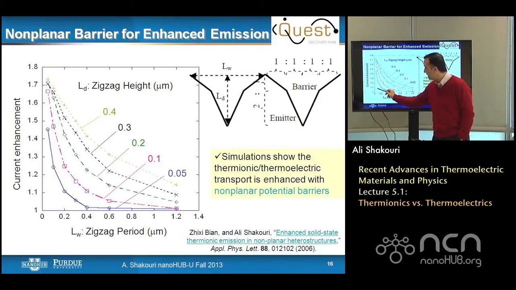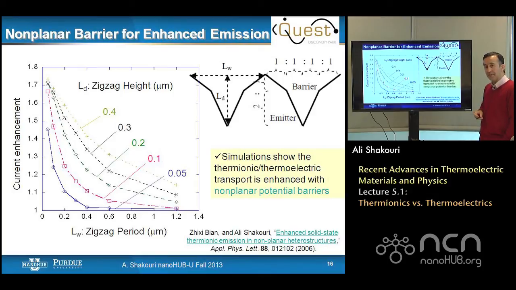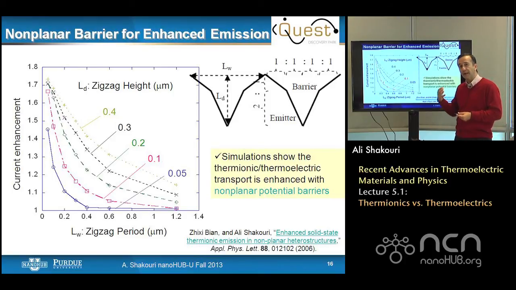You can see you get a high enhancement, almost 60 to 70%. In the same paper, we also studied the average energy of the moving electrons. It is not only the total current that matters, and even that was enhanced. Again, this is a toy example, but it tells you that playing with the geometry of the structure can break the symmetry and can enhance the current.